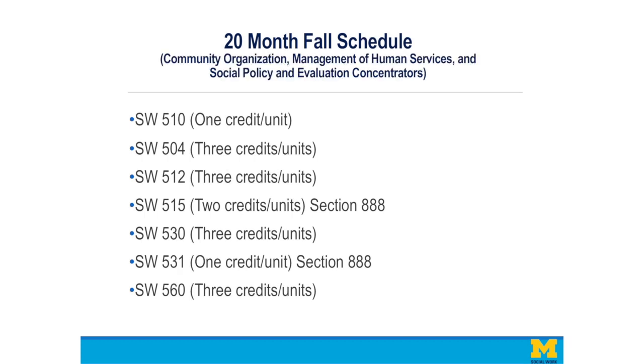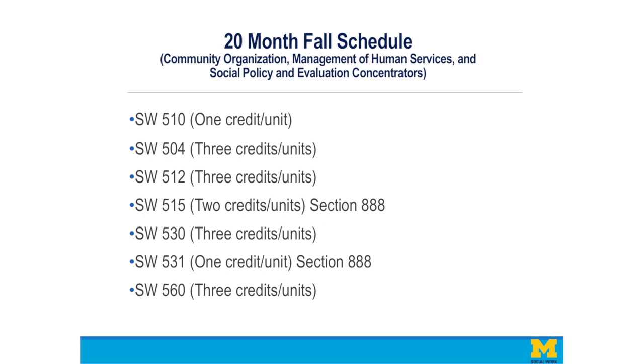For those who are in community organization, management of human services, and social policy and evaluation as their concentration, you have a little bit different schedule than the interpersonal practice students. You will enroll in the 510 seed mini course, the 504 diversity course. The lab is a macro-based lab, Social Work 512.